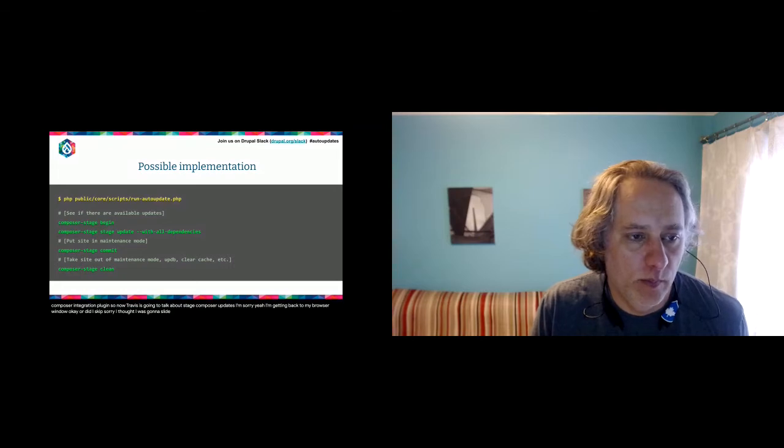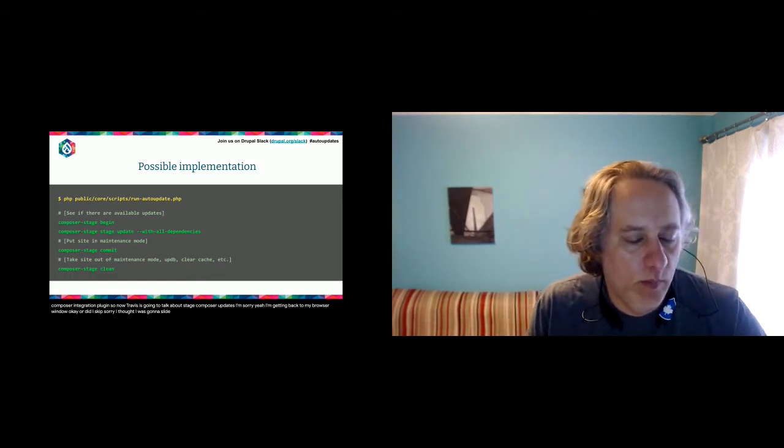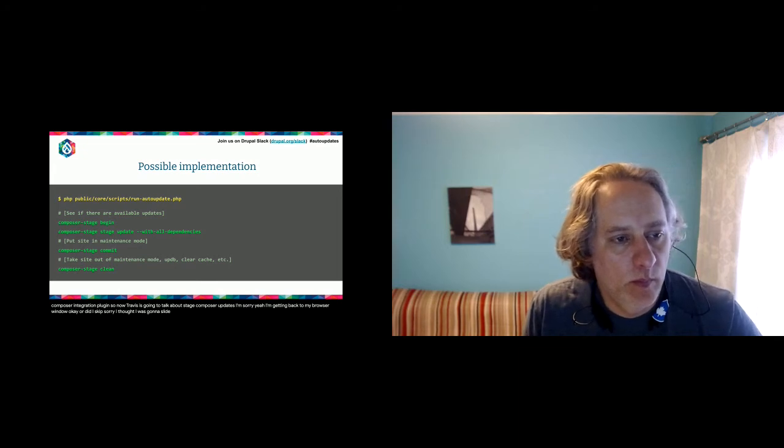Once we've done that, then we stage any composer command we like on the staging directory. The stage command just passes through any composer command with any arguments. So I imagine that the default there would be composer update.